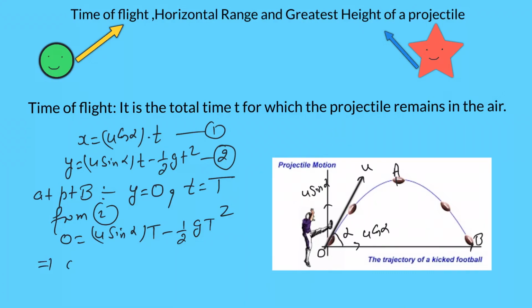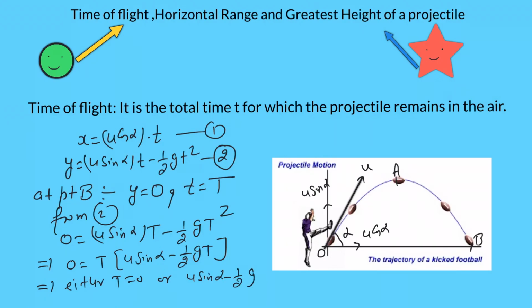This further implies 0 equals T times (u sin alpha minus 1 by 2 g T), with T common. This implies that either T is equal to 0 or u sin alpha minus 1 by 2 g T is equal to 0.